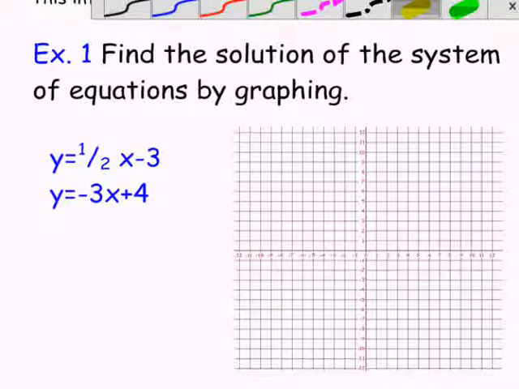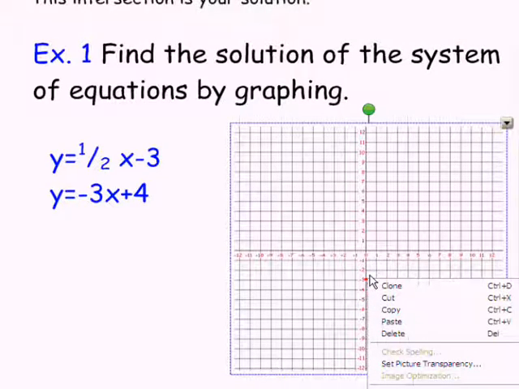Okay, first we're going to graph y equals 1/2 x minus 3. Just like all of our slope-intercept form, we start with our y-intercept, which is -3. So I'm going to use red here, go to -3 and put a dot.